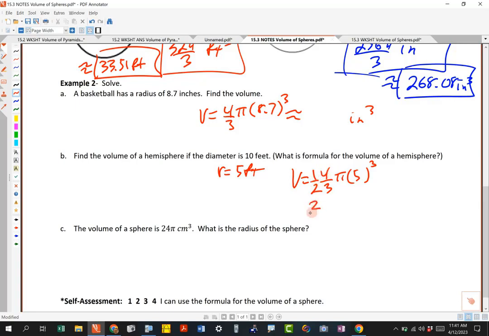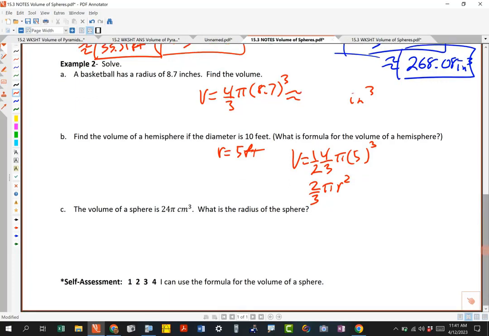So the formula for the volume of a hemisphere would be not 4/3 pi r cubed, but 2/3 pi r cubed. That's smaller. It's exactly half the size. Thank you very much. Okay, and you can get the decimal for that? And one more question, then I'll hand out the assignment.